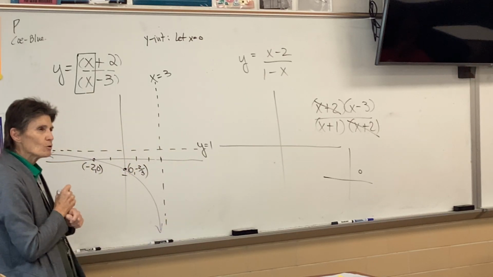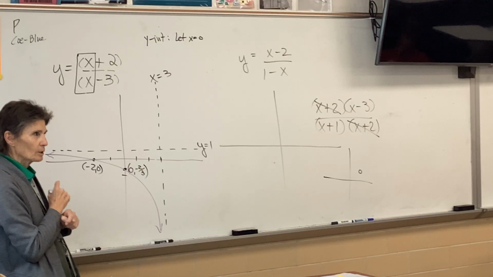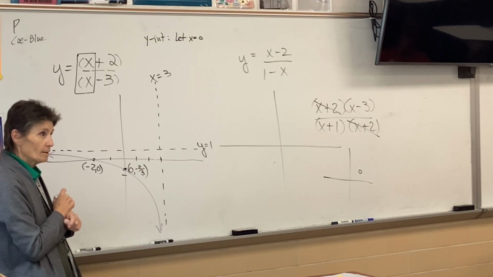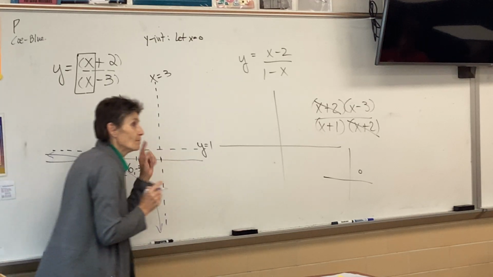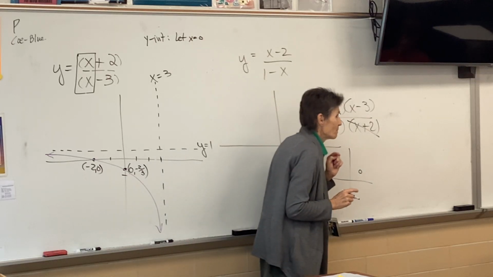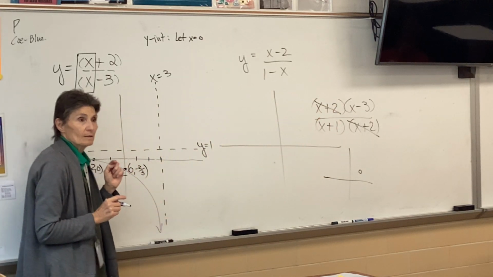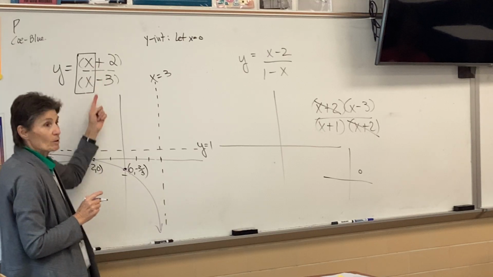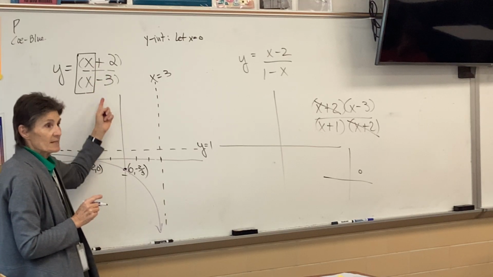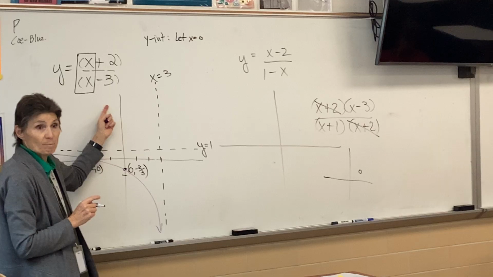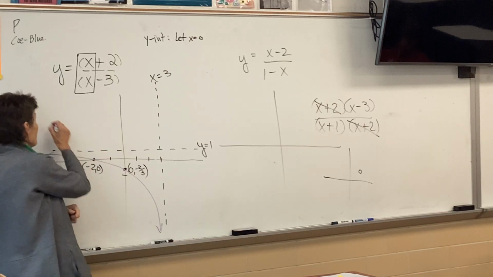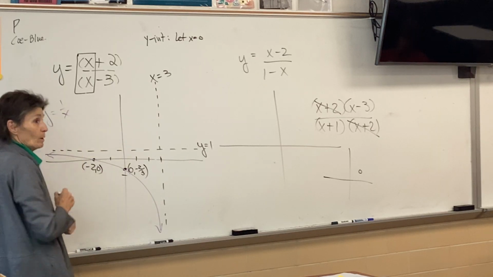Have you ever seen anything that looked like that before? Yeah, it's one of our BFFs. Which one is it? It's the reciprocal function. And this is a reciprocal of sorts because it has an x in the bottom. The BFF that looked like that was that one.